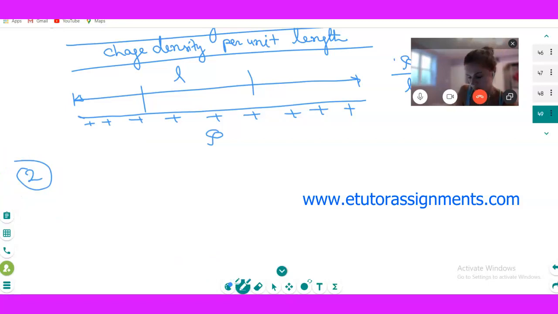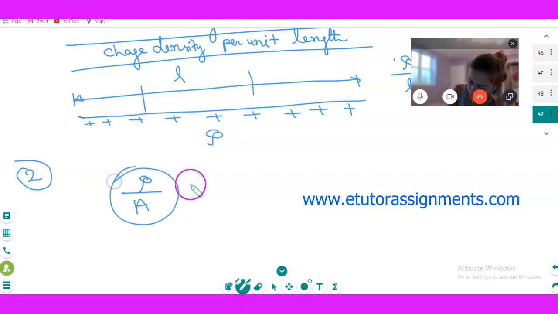Surface means uniform charge is distributed everywhere on it. So you take Q divided by area.